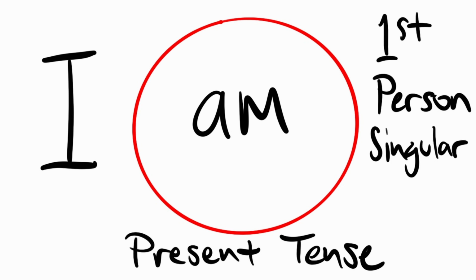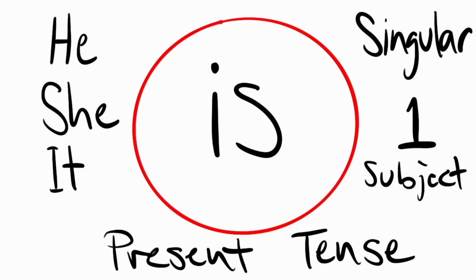The present, again, the be verb is unique because I, the pronoun I, has its own connection to a formulation of this verb. I am. Am is the be verb masked, okay? Because obviously am doesn't look like be, but this is the be verb. For third person singular, present tense, people, places, things, or ideas, we use is.